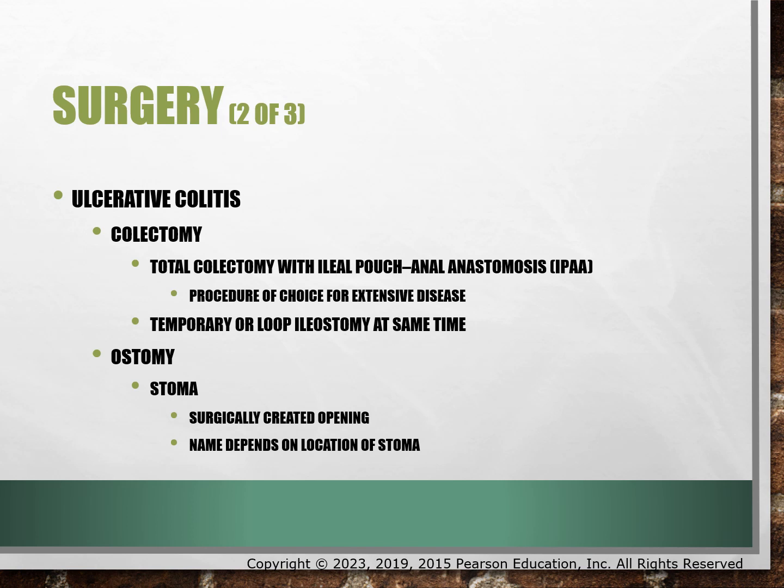When the healing is complete, the ileostomy is closed and the patient has 6 to 8 daily bowel movements through the anus. Advanced age, obesity, and other factors may preclude an IPAA. For these patients, a permanent ileostomy or continent ileostomy may be created.